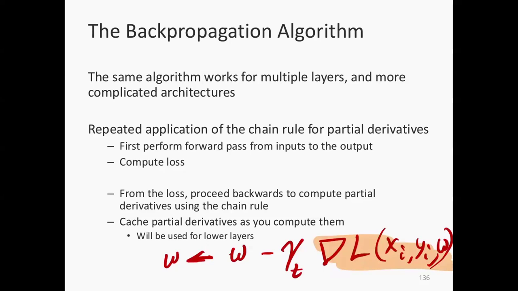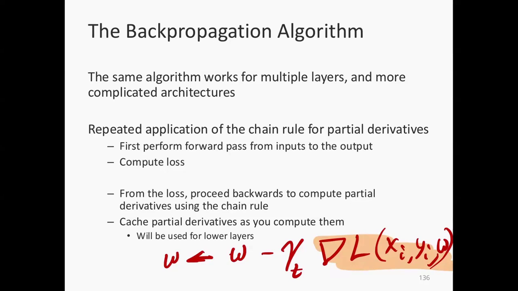And that's where the backpropagation algorithm comes along. The backpropagation algorithm is a clever algorithm that essentially says you can write down complicated functions as compositions of simpler functions. For each simple function, you can hand derive the gradients and implement those gradients.